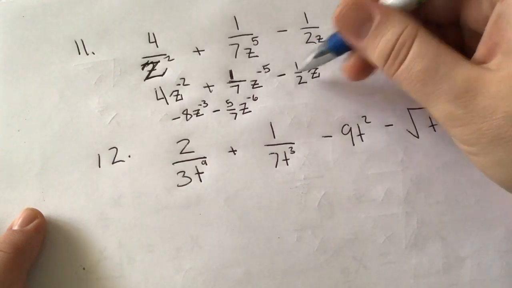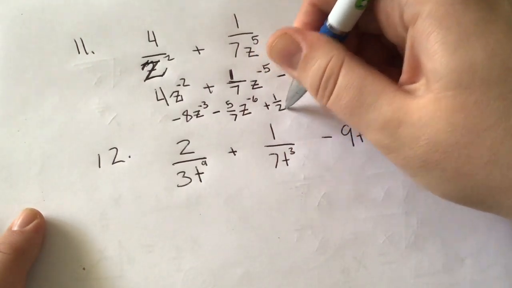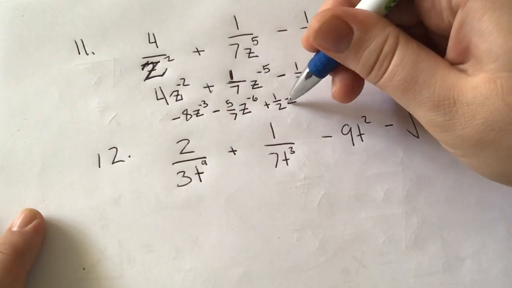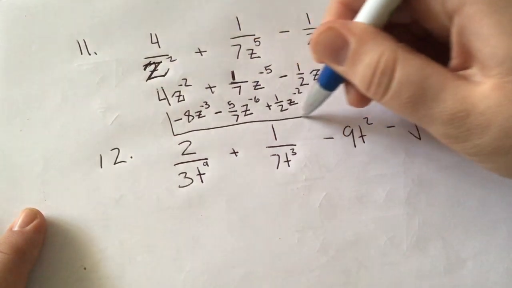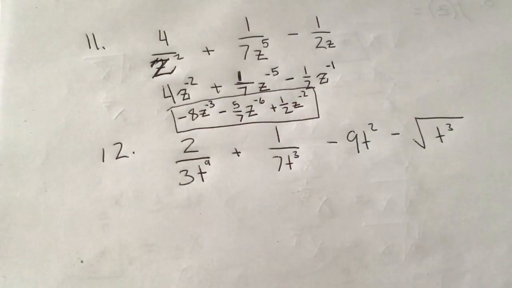And then negative 1/2 times negative 1 actually makes positive 1/2, and then 1 less than negative 1 is negative 2.